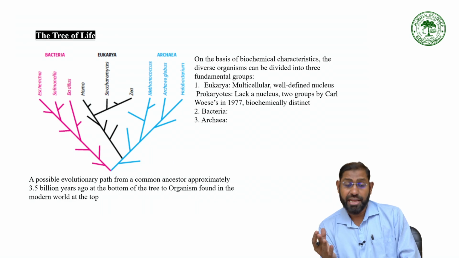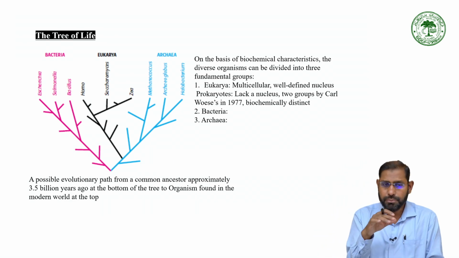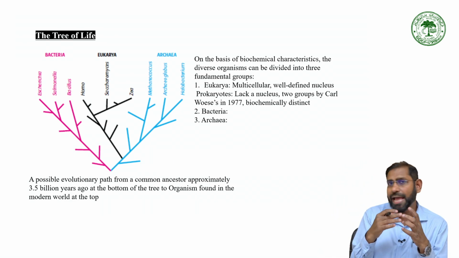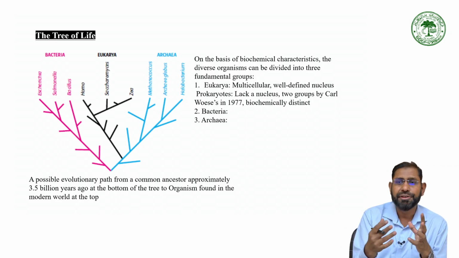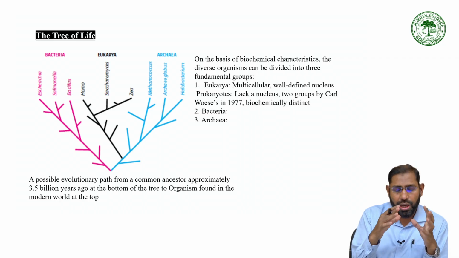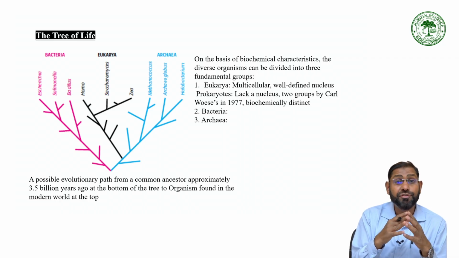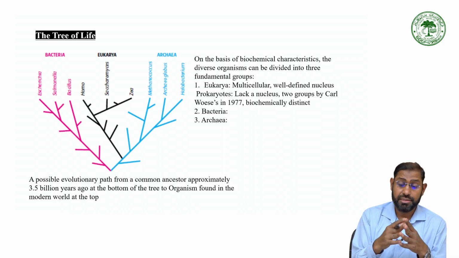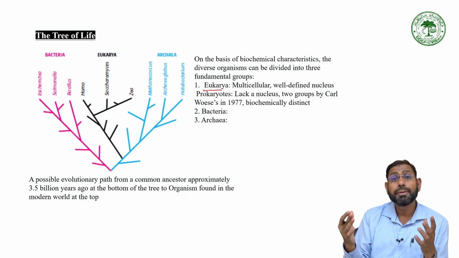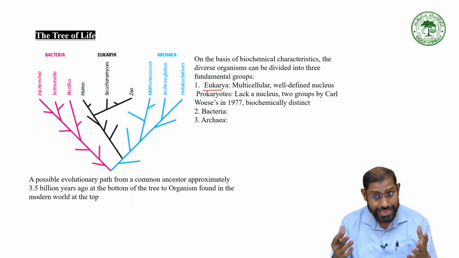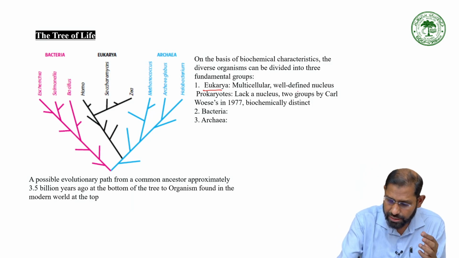The tree of life is very important on the basis of biochemical characteristics, because that's very important at the molecular level. All organisms are divided into three fundamental groups. First, eukaryotes. They are multicellular with a well-defined nucleus.